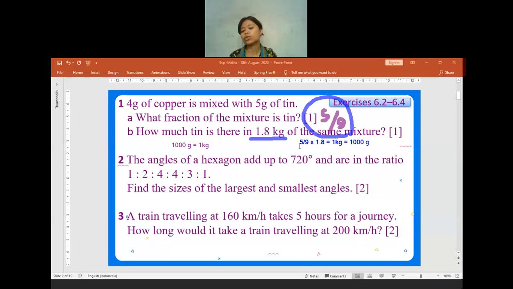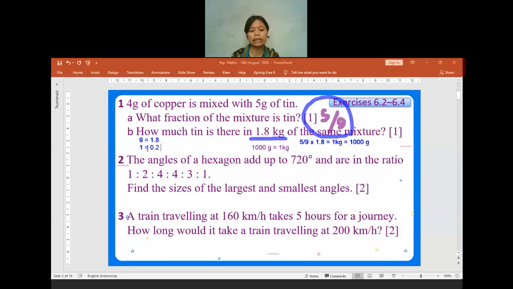This is if you use a fraction. If you're not comfortable with the fraction, you can use the unitary method that we usually do. So we find the total of 4 and 5. The total will be 9 because the ratio of copper and tin is 4 to 5. So 9 is equal to 1.8. Now 1 will be equal to 0.2.